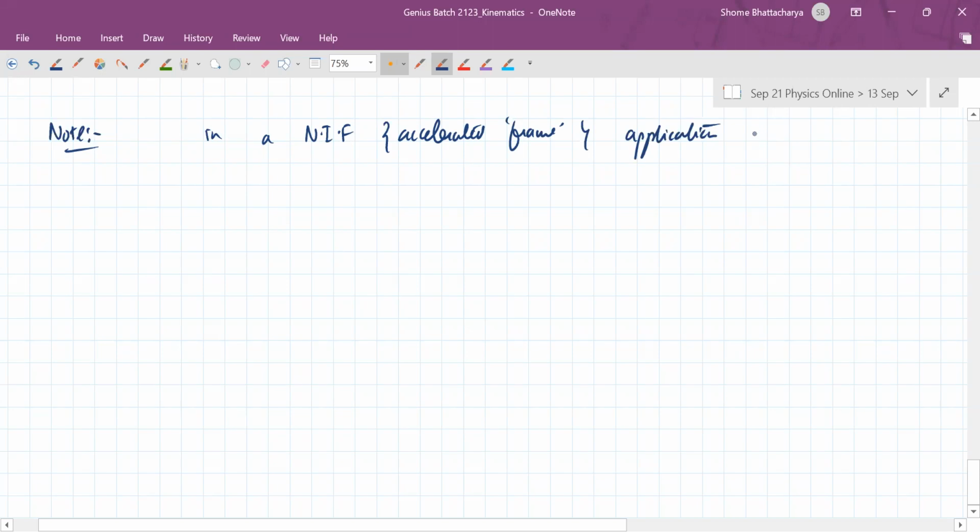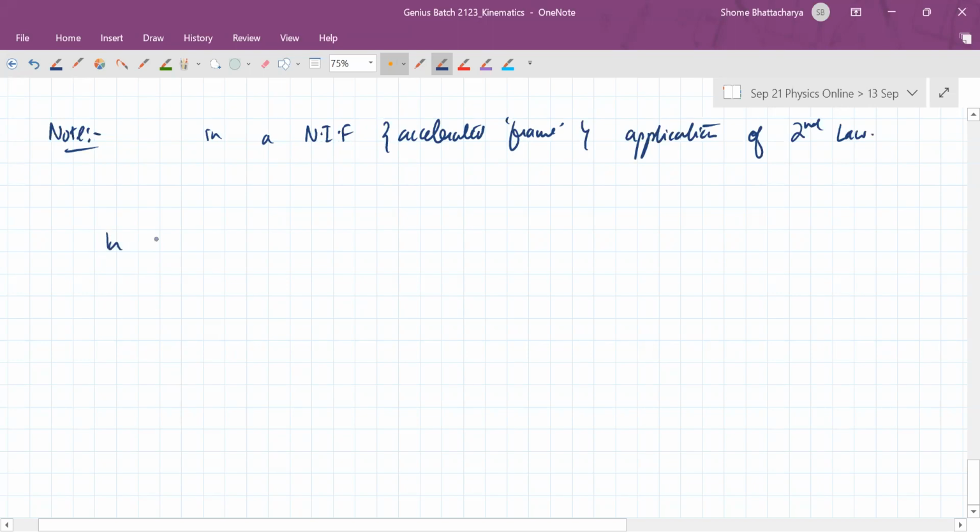Okay, so now just a note about the concept of pseudo force over here, in a non-inertial frame, that is an accelerated frame. Though you know this, we'll see the logic of this from the relative motion point of view, application of Newton's second law.